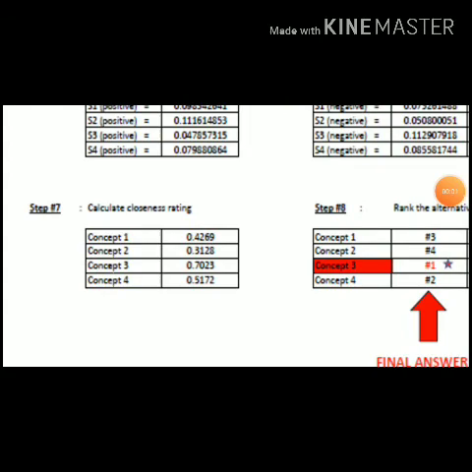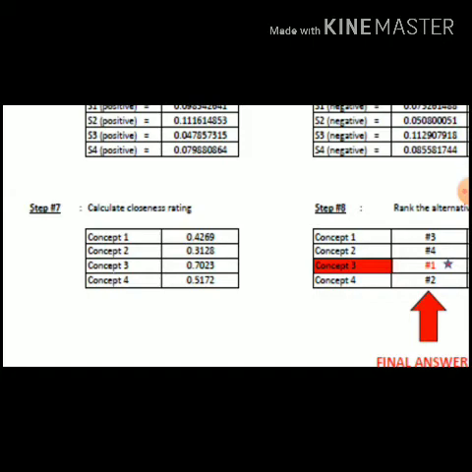Okay, so frankly one might ask, why does the closeness rating calculation include the negative separation distance as the numerator, and why do you put the positive ideal solution as the denominator, the lower part? This is basically because when you have the highest value on the numerator, let's say the highest value of the negative ideal solution, it will impact the closeness rating because it is the numerator.